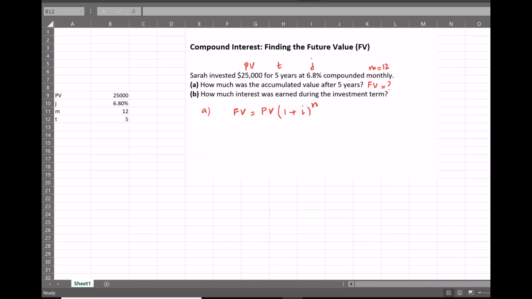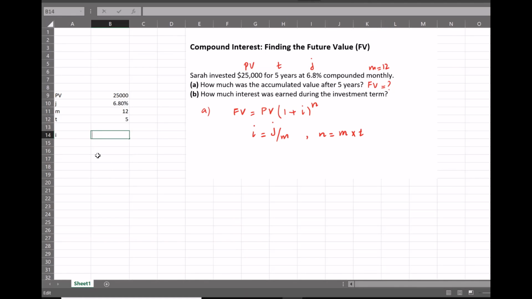So we need to calculate I, which is nominal interest rate divided by number of compounding periods. Also, we need to find n, which is the number of compounding periods in 1 year multiplied by the number of years in the term, in this case t.